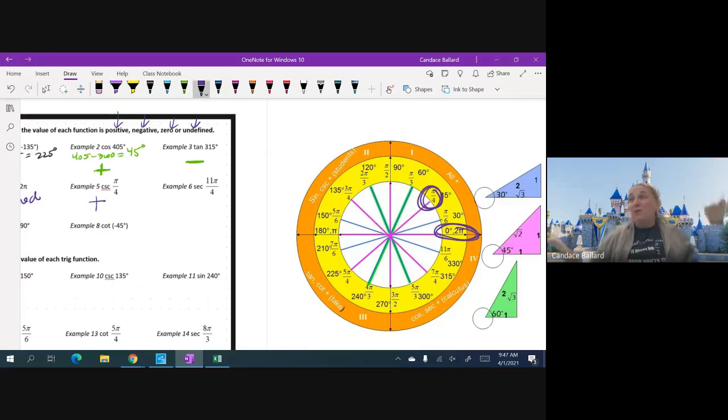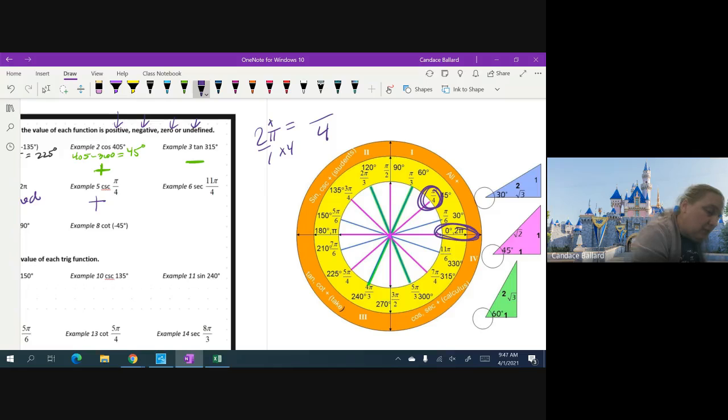And then the other day in that left-hand column, we made a list of what 2 pi looks like in over 4 world, right? And if we don't remember that, that's okay. We can recalculate it. We know that 2 pi, we want it to be over 4, so we've got a common denominator. We would just have to multiply both by 4, and we would get that it's 8 pi over 4. Since 11 pi over 4 isn't on my unit circle, I'm going to subtract it.